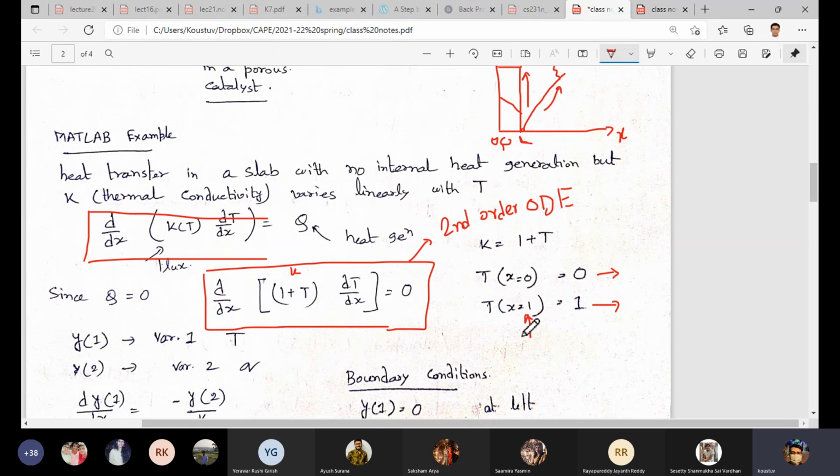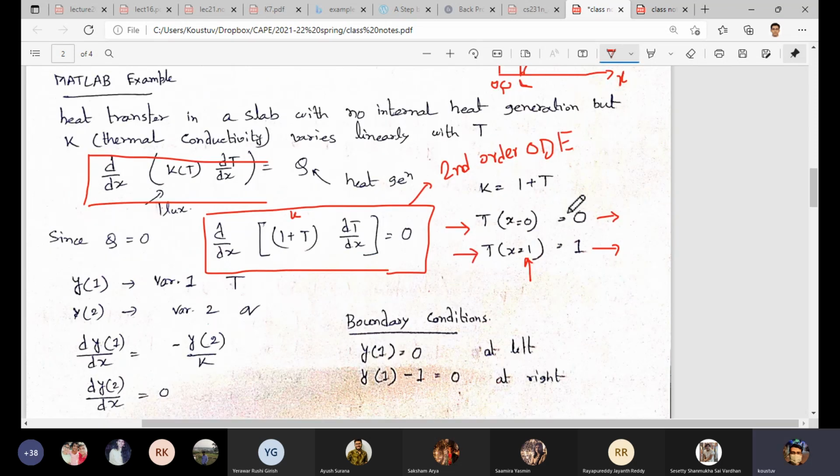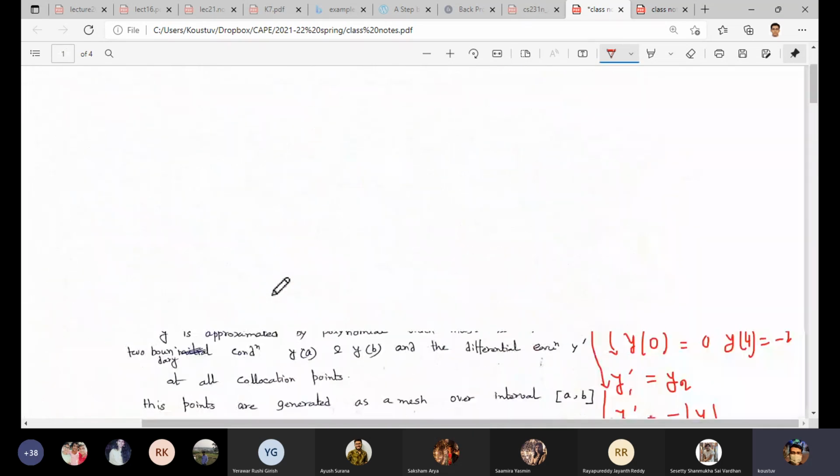So we are not writing x equals L, but in this form. We often do this in transport problems, diffusion-reaction problems, or just diffusion problems. We often use this technique, non-dimensionalization. Based on that, we change our boundary conditions to this type, and we now have two variables, y1 and y2, like in the previous examples that I was giving.